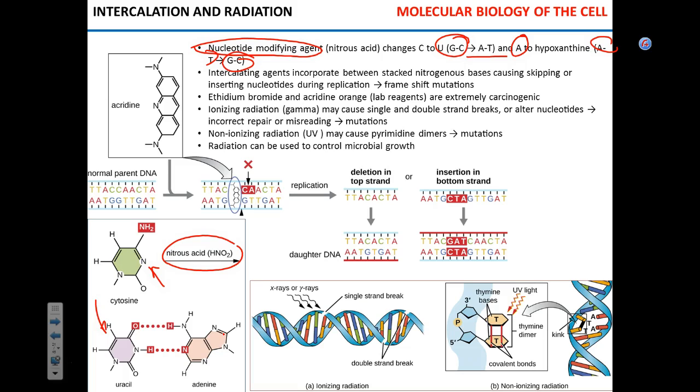Now you can imagine that this is going to be a source of point mutations, right? Another type of chemical mutagens are intercalating agents, like this molecule called acridin. Now look at this double helix over here.